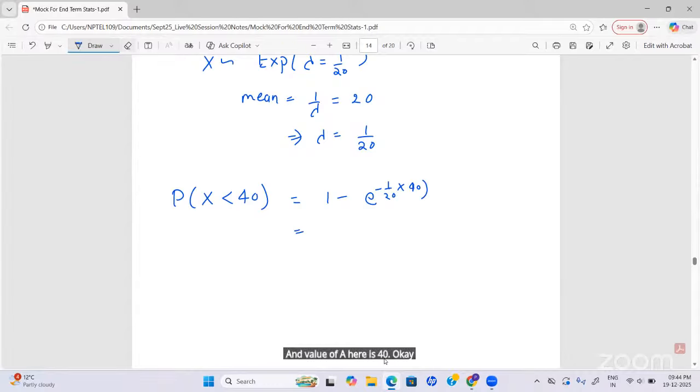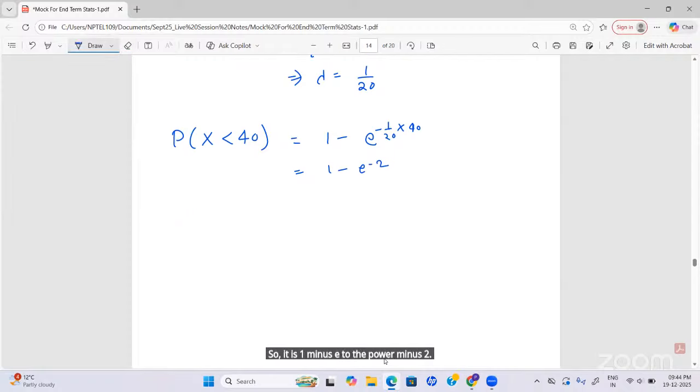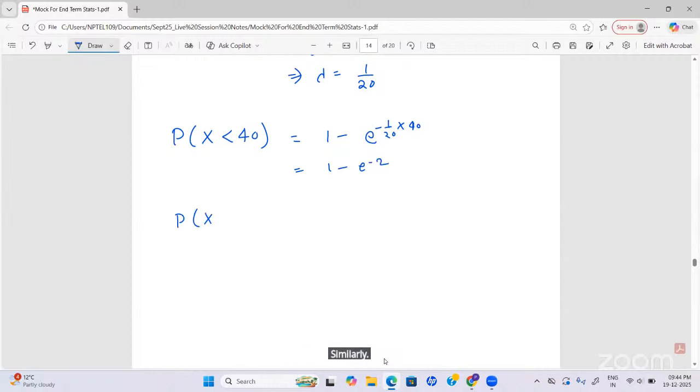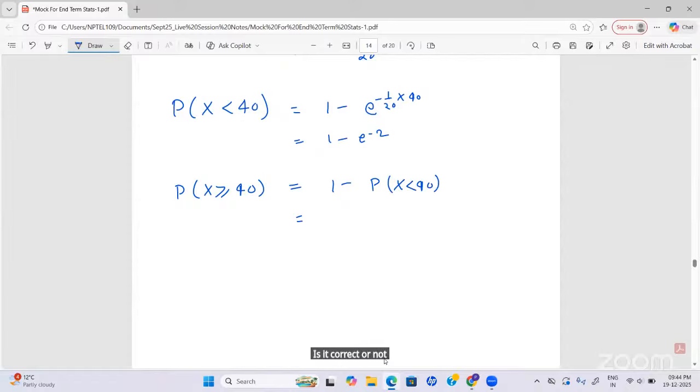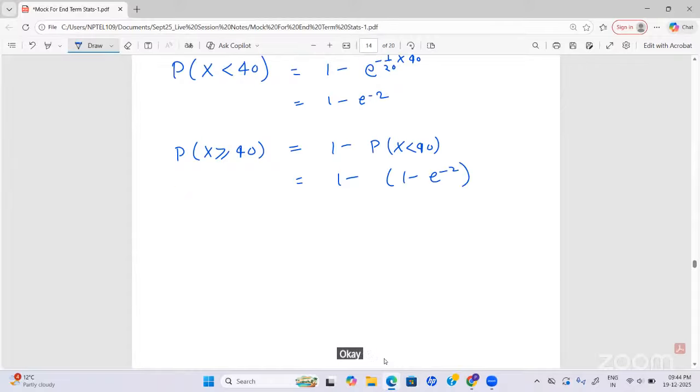So it is 1 minus e to the power minus 2. Similarly, probability for X greater than or equal to 40, what will this be? 1 minus probability of X less than 40. Is it correct or not? Yes, ma'am. So this probability will be e to the power minus 2.